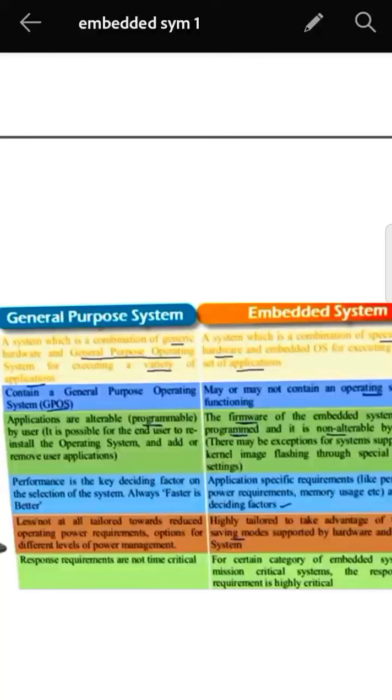Fourth difference is, performance is the key deciding factor in the selection of the system. Always faster is better. The performance of the general purpose system is better. Performance means its ability, or how fast it is. But in the embedded system, there are application specific requirements. It depends on the application, whatever the application requires, that is dependent on the system.